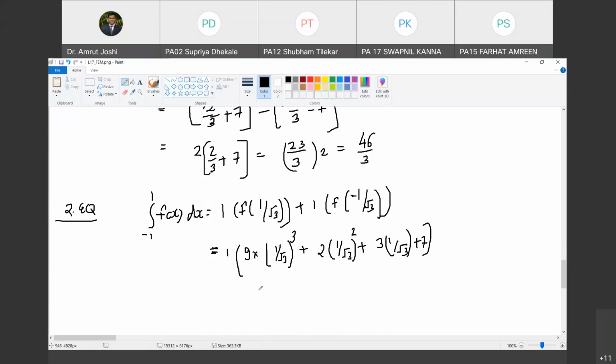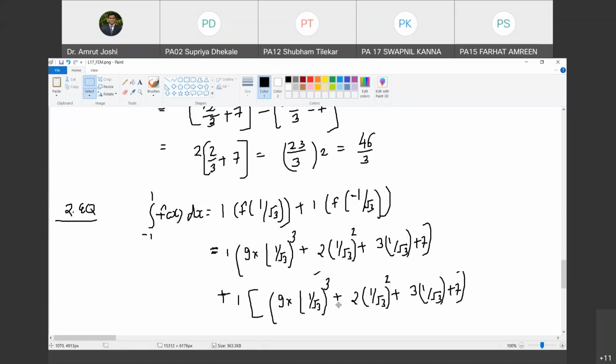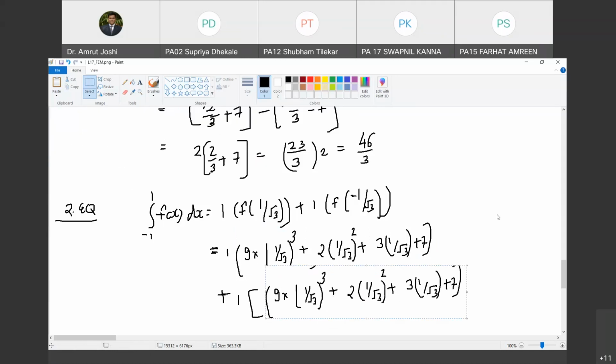Along with this, what do I have to add? Plus 1 into the same equation but with the negative sign. Do you agree with me? Yes. So let me do that. I have taken this equation here, and here I will just substitute -1 by root 3. Are you with me? Yes, sir.